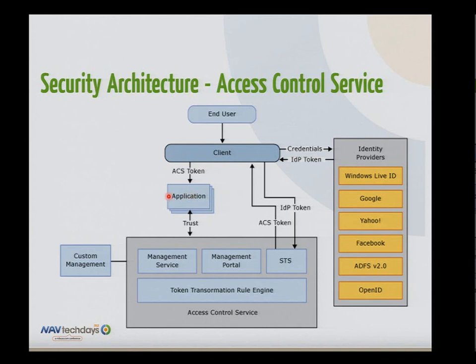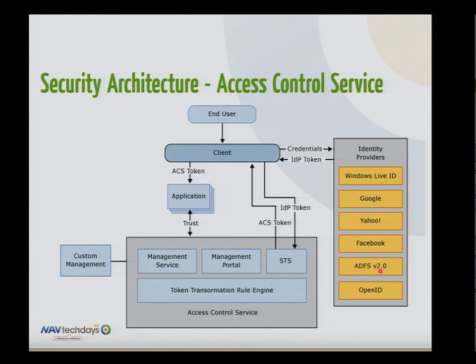That's the application down here. And then she has to enter her credentials for one of the given identity providers. ACS supports Live, Google, Yahoo, Facebook, kind of out of the box. I will show you that in a second.